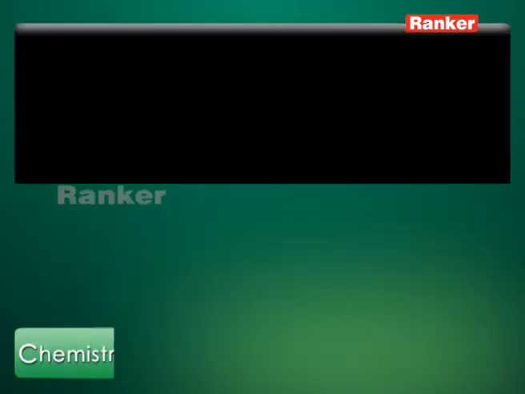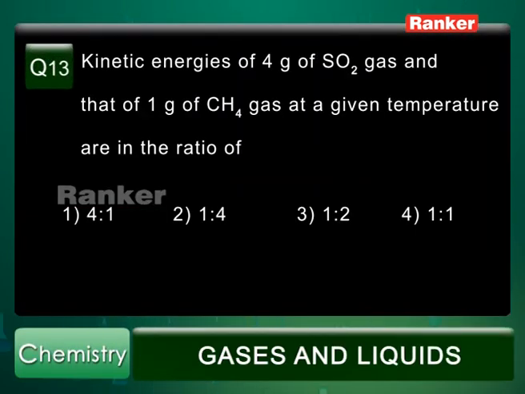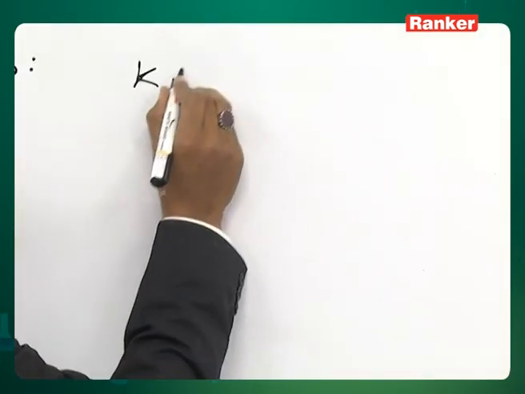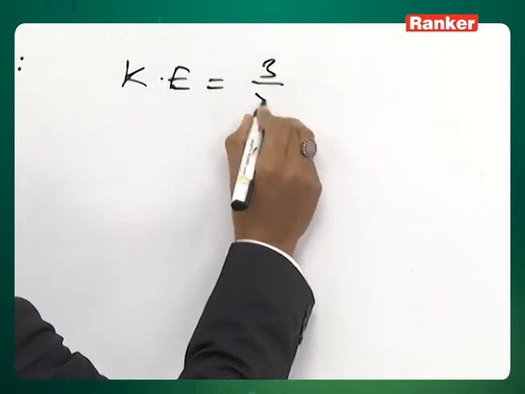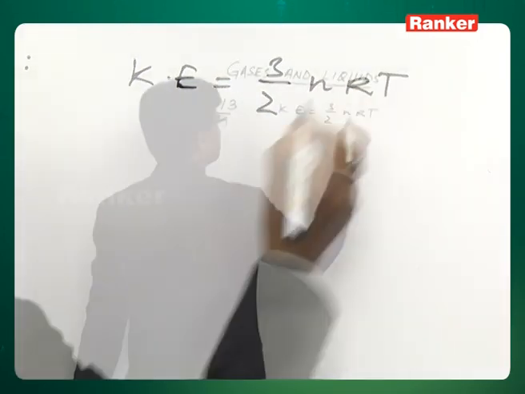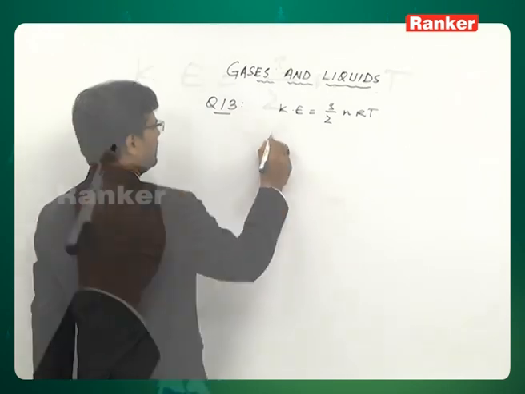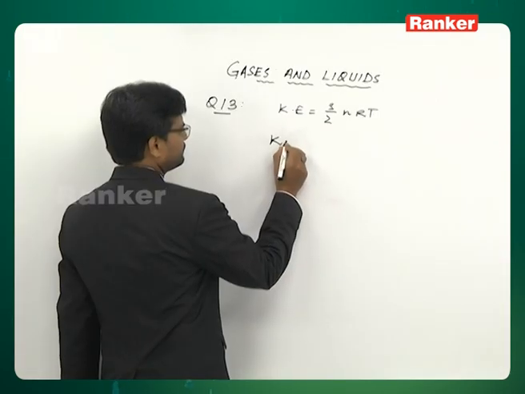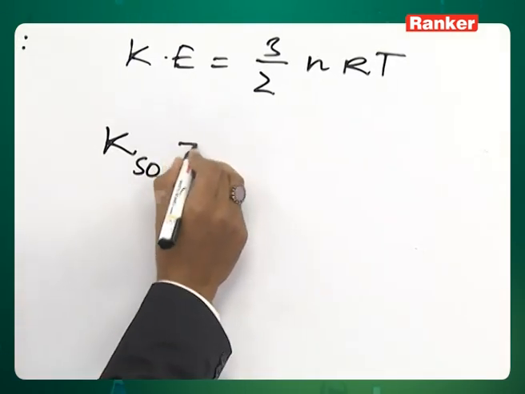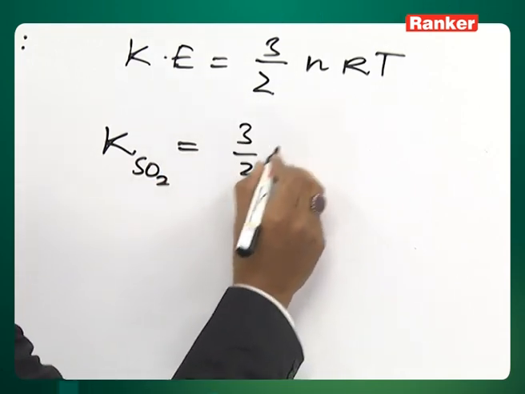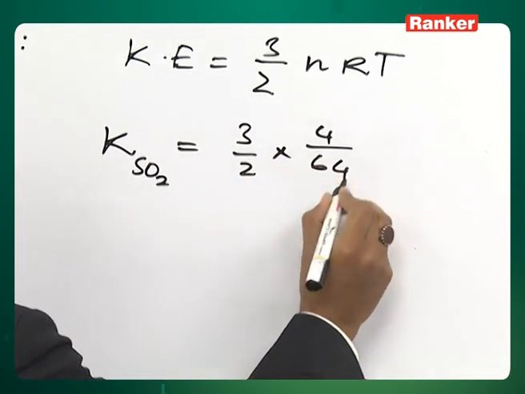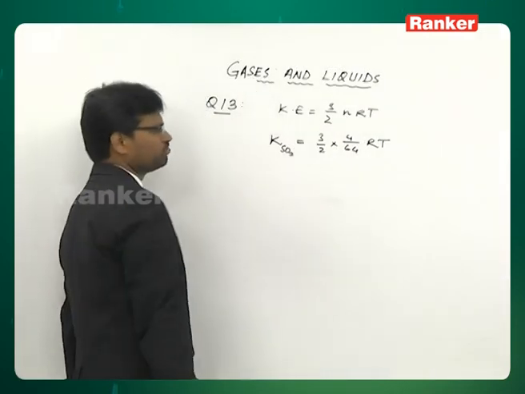Question number 13. Kinetic energies of 4 grams of SO2 gas and that of 1 gram of methane gas at a given temperature are in the ratio. Let me put the formula. KE equals 3 by 2 nRT. Now, KE of SO2 is equal to 3 by 2 into 4 by 64 RT.